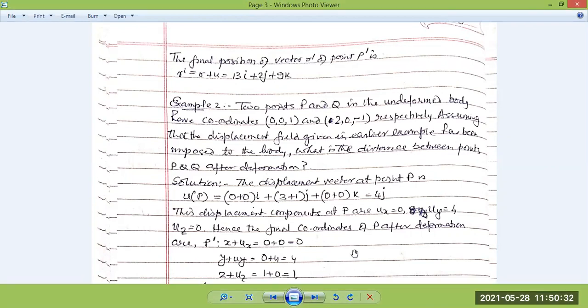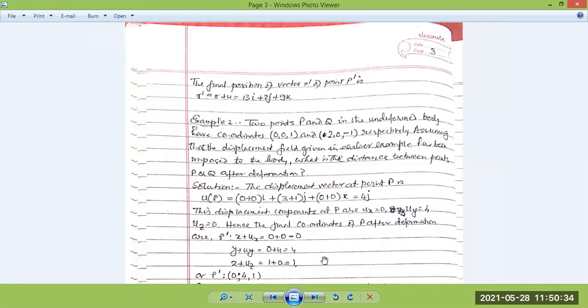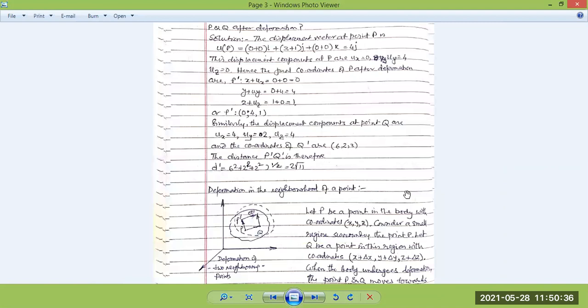And z plus uz, initial point was 1 here and uz was 0, so it equals 1 itself. So P dash becomes 0, 4, 1.